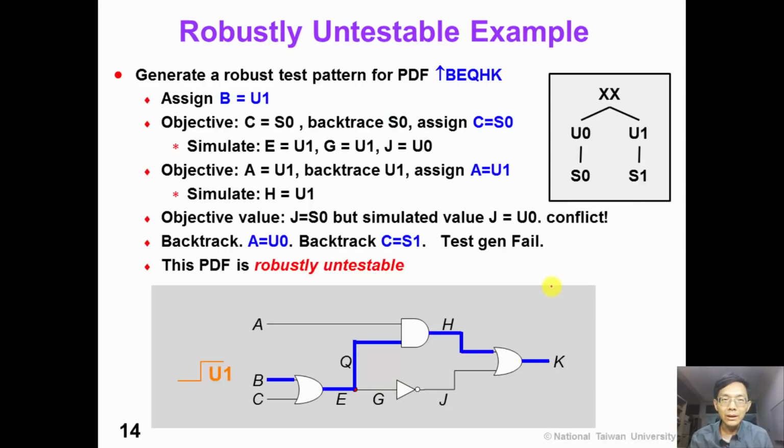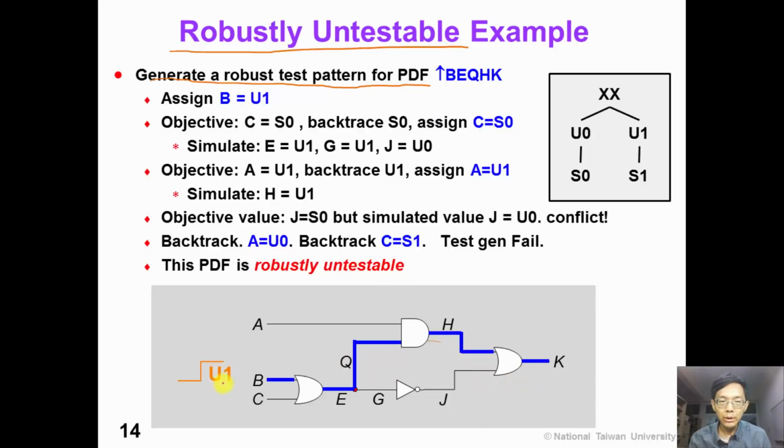But in reality, there are many path delay faults that cannot be robustly tested. Now let's generate a robust test for a path delay fault, B-E-Q-H-K, which is highlighted in blue in the circuit.